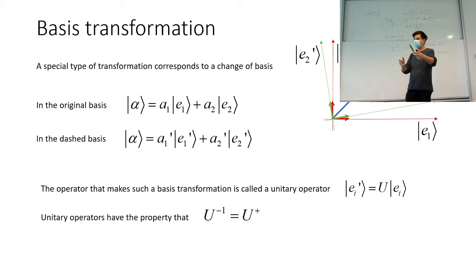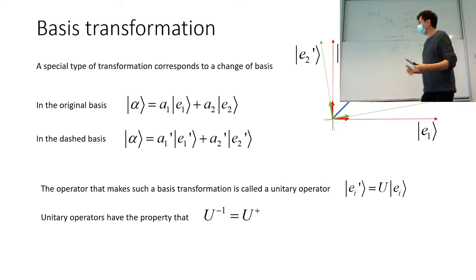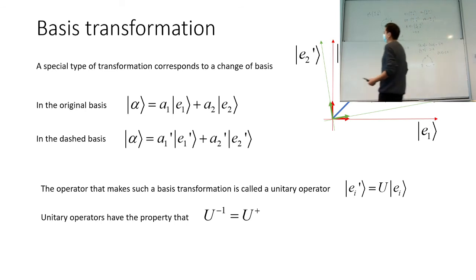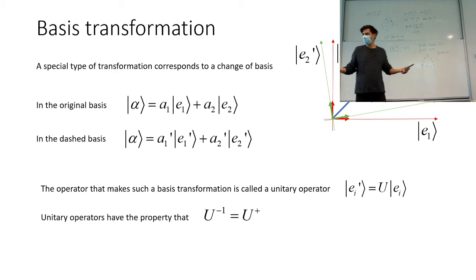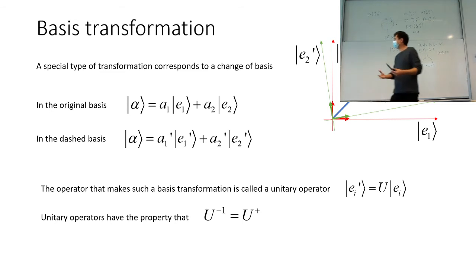In the same way, I can look at this pen with my head pointing this way or that way. It's still the same pen. It has some element of reality. It's just that I perceive it in a different way. So the coordinate system is just how you represent it, and the vector is the actual real thing.